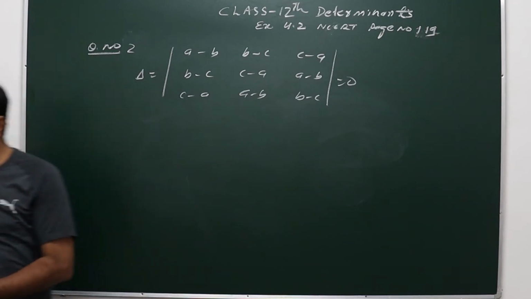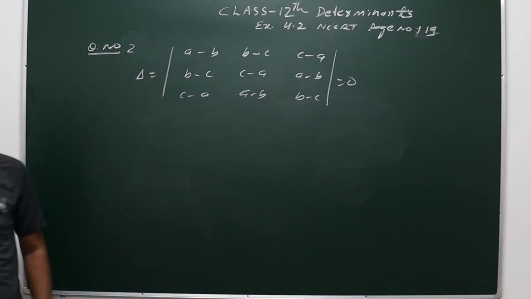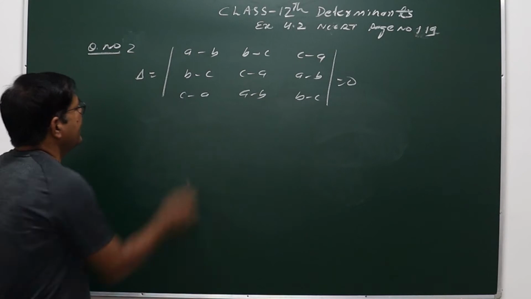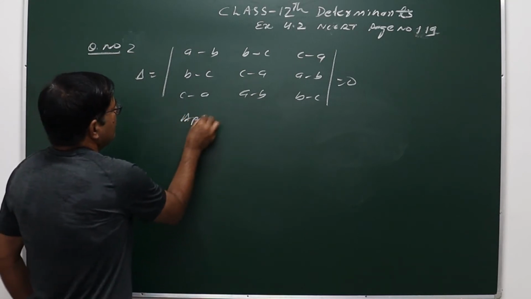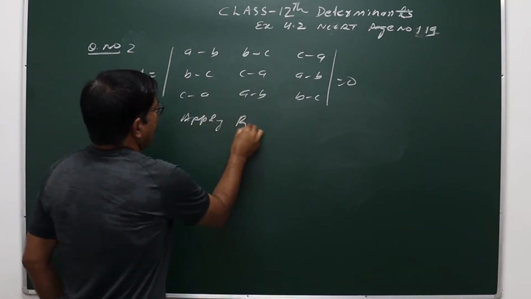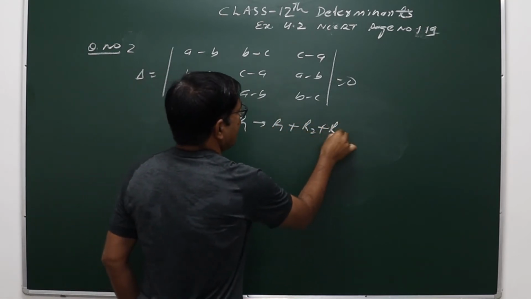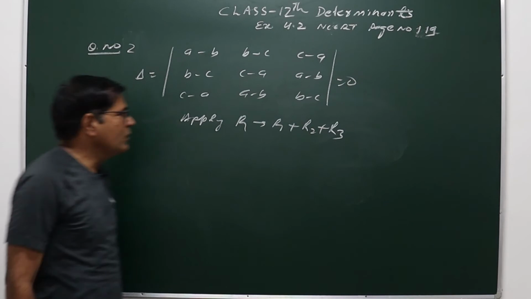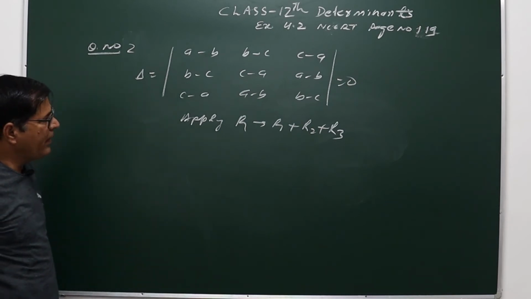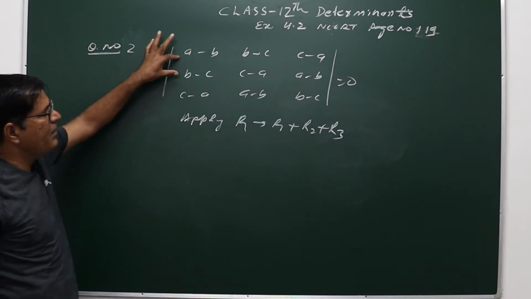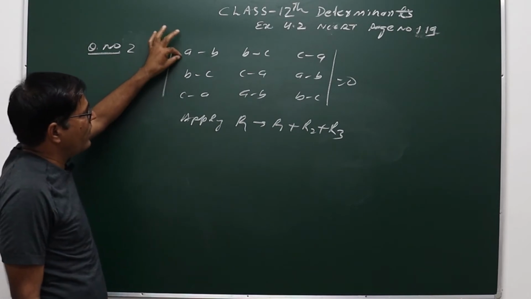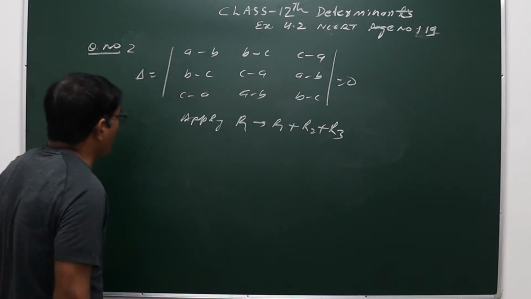To prove this determinant, first of all we will apply R1 tends to R1 plus R2 plus R3. This is the basic elementary operation: row first is expressed as the sum of first row, second row and third row.